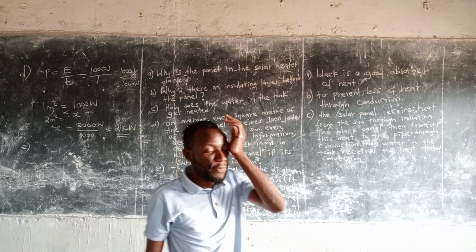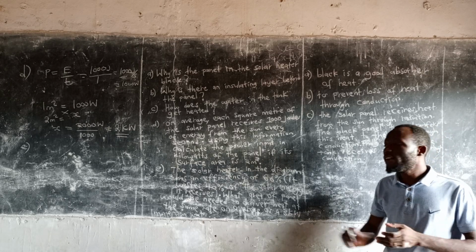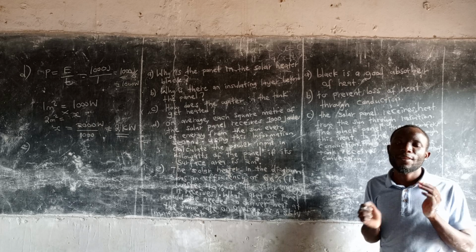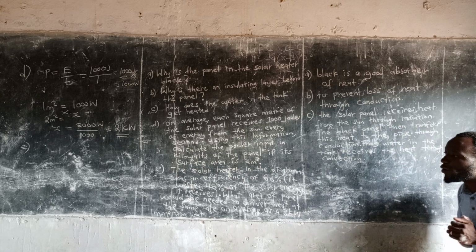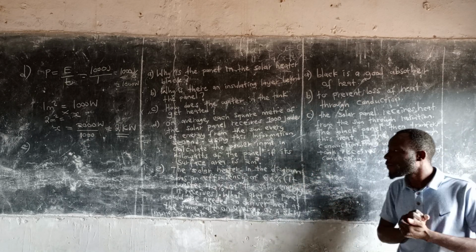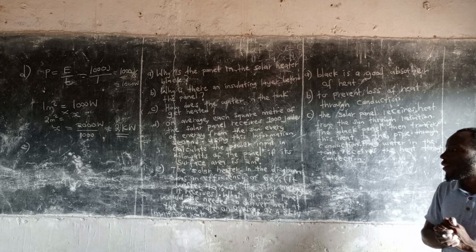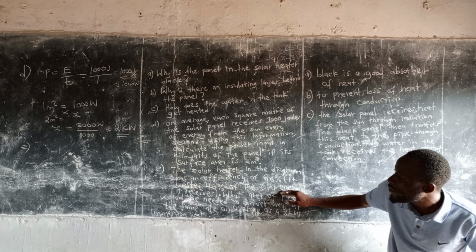Now part E, and I want you to listen to E because it has a very good trick. The question here is saying the solar heater in the diagram has an efficiency of 60%, meaning it wastes about 40% of the solar energy it receives.